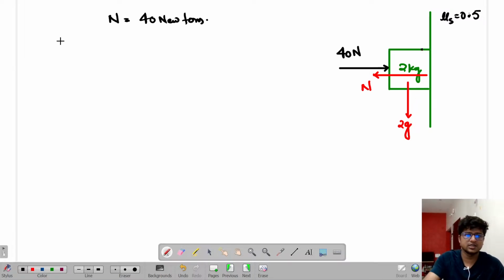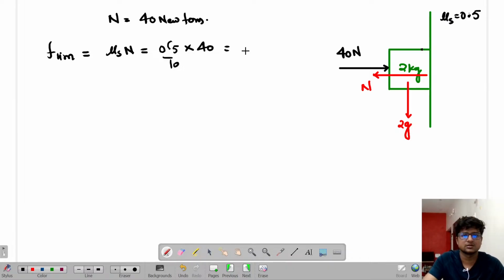If you look into the limiting value of frictional force, F limiting, how much will that be? F limiting is mu s into N. Mu s is 0.5, and normal is 40. So basically this is 5 4s are 20 newtons, correct.